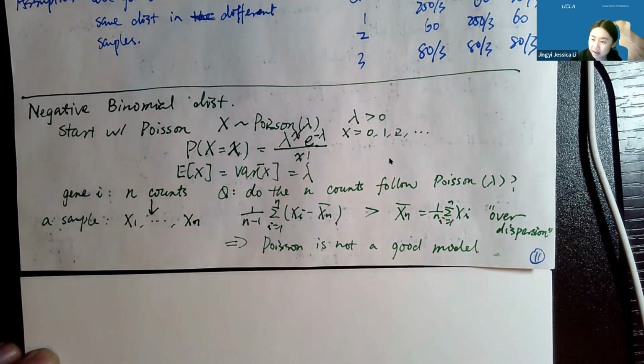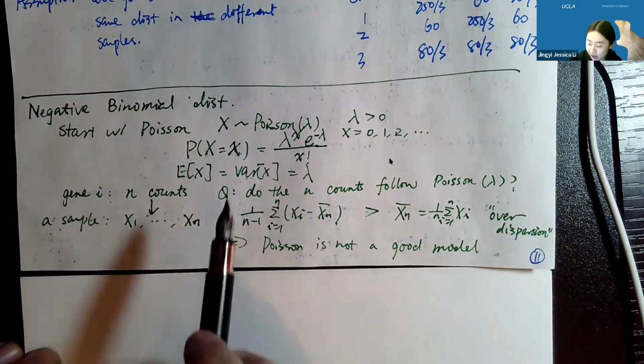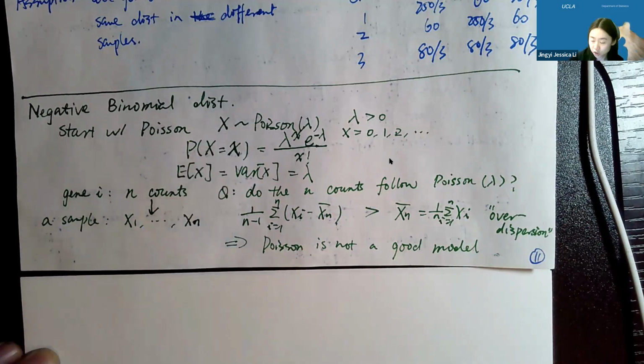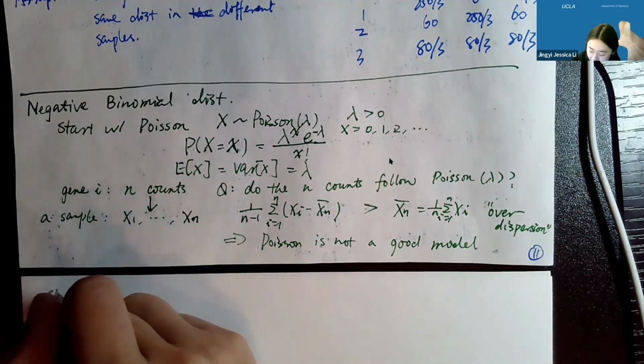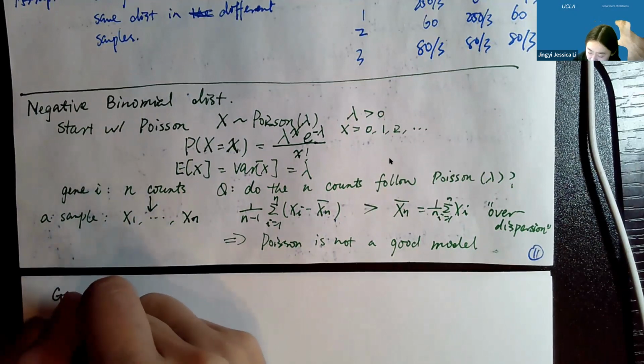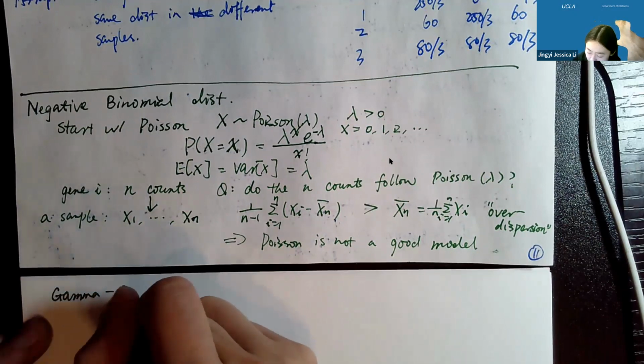Instead of treating lambda as fixed, a single value, we allow lambda to vary. And then the variance of lambda would bring additional variance to X. That's the intuition. We call this a hierarchical model, and we just add a gamma distribution on top of Poisson.